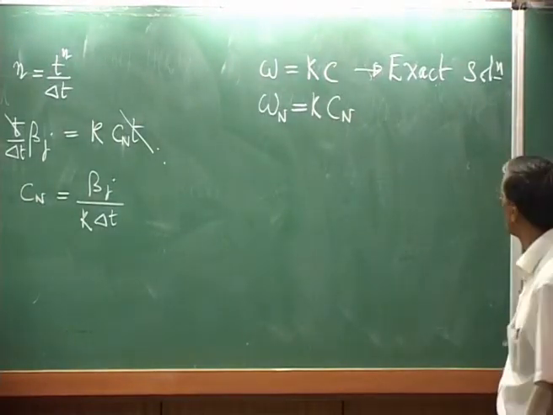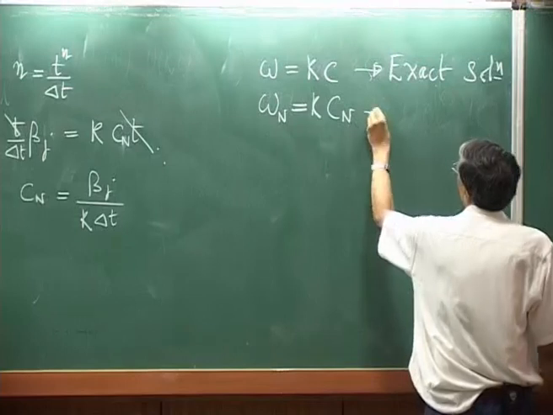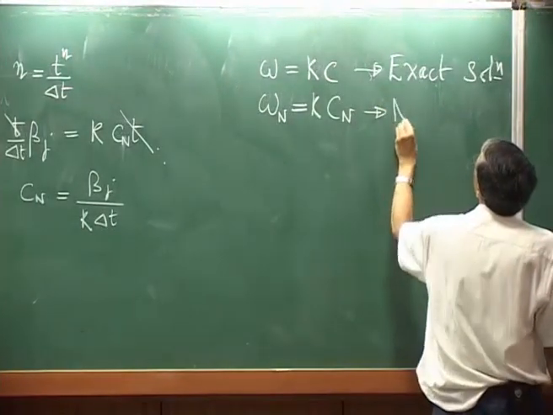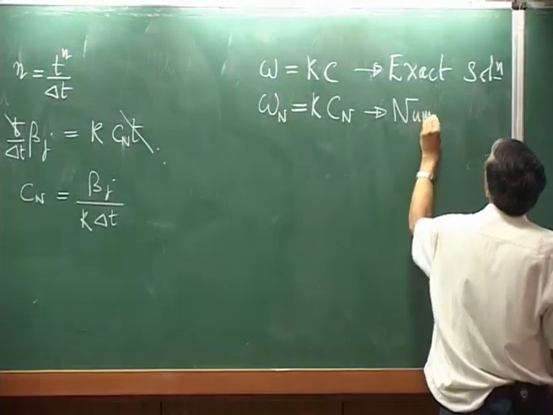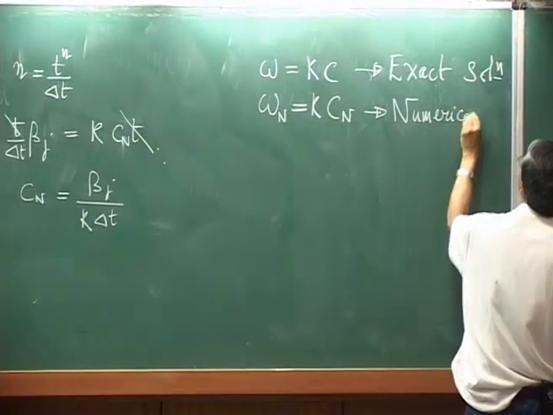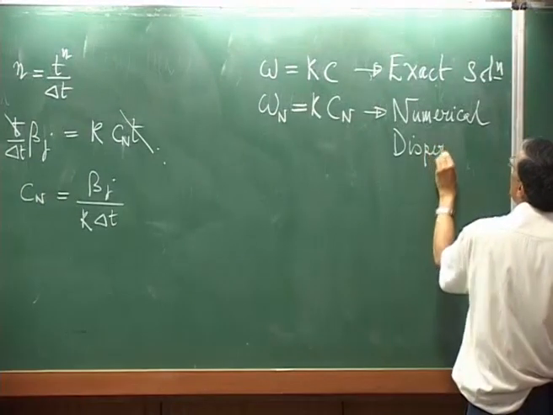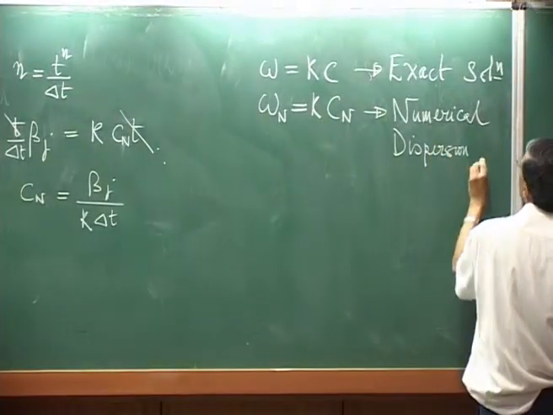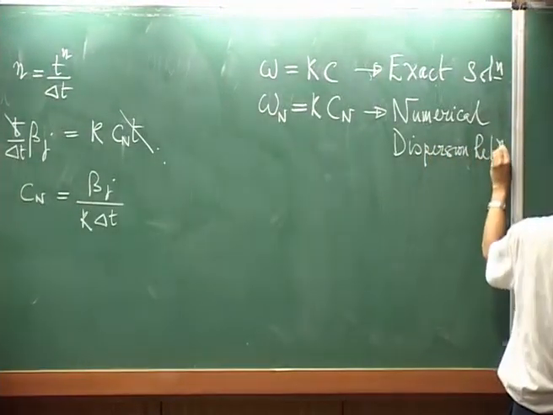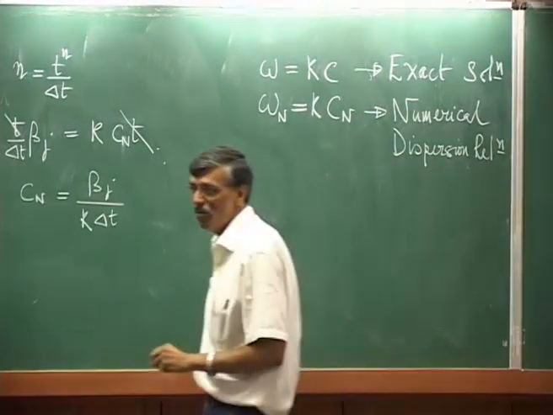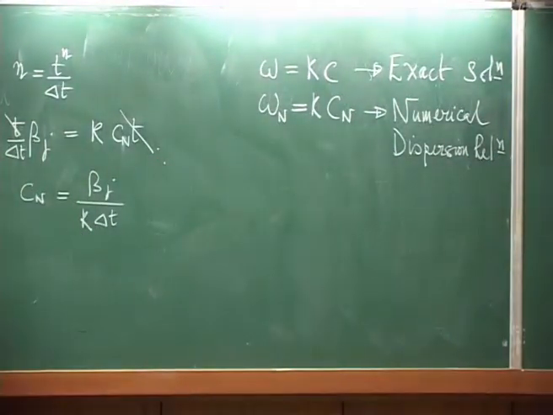Okay. So, this is your, what should I call it? This is our numerical dispersion relation. See, we are relating omega with k. That's what we define.